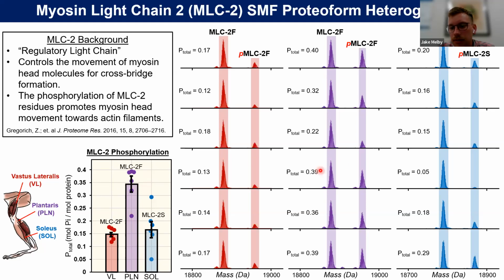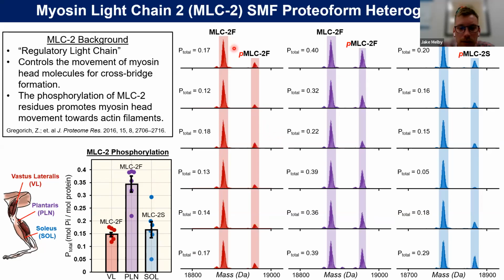I'll take, for example, the P total here of 0.05. This indicates that for this fiber, there is a very low amount of phosphorylation, whereas a fiber pulled from the same piece of muscle, the same bundle of fibers, can show as much as a 6-fold difference in phosphorylation. That's what's quantified here and here.